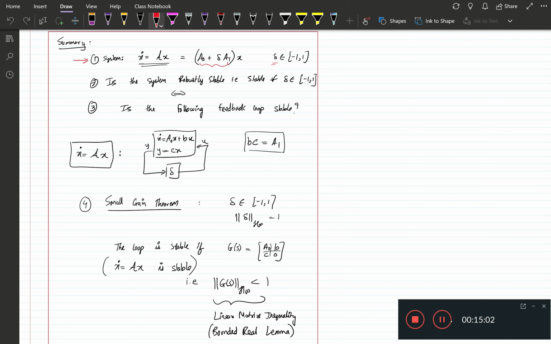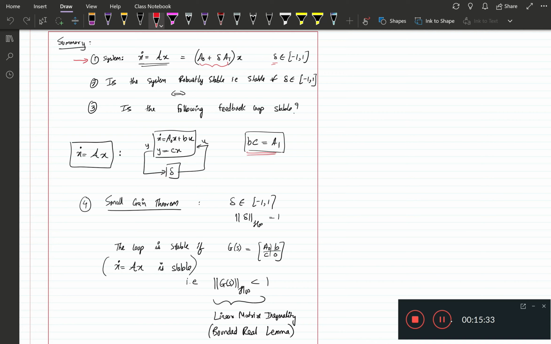So what we did is we wrote this system as a feedback loop. We see that if A1 can be factored as B times C, where B is a column vector and C is a row vector, then we can write delta A1 as delta BC, and we can write this feedback loop where we set u to be equal to delta times Cx, and we multiply B at the entry of u.